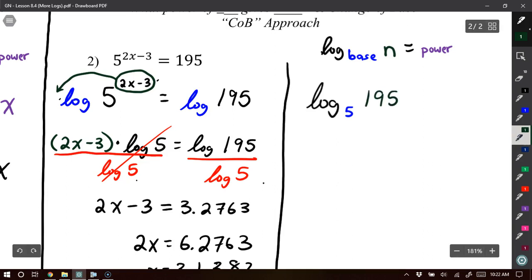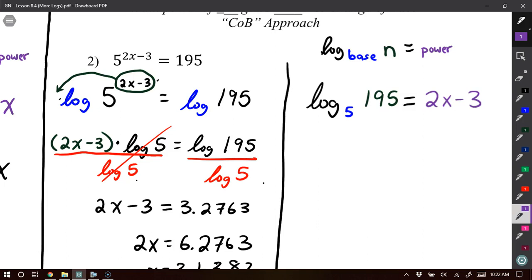I mean, that's what this would be if I were to convert it to a logarithm. And the problem tells me the power is 2x minus 3. That's just converting exponential form into logarithmic form based off the question, the first lesson in this chapter.